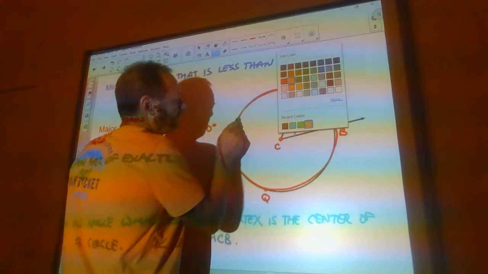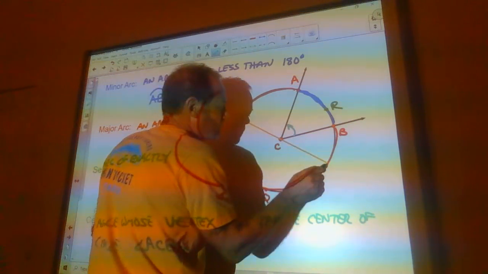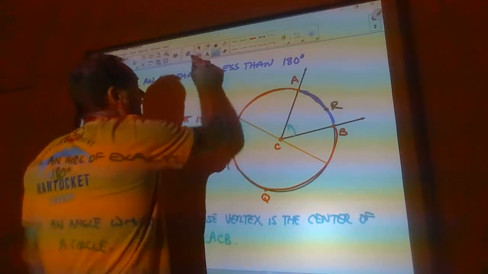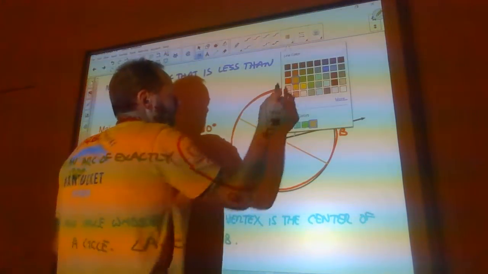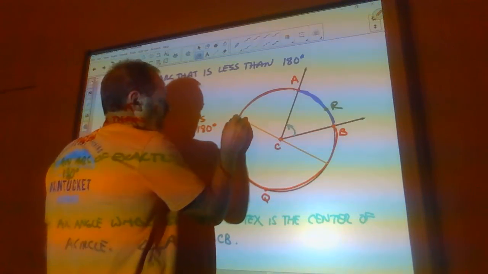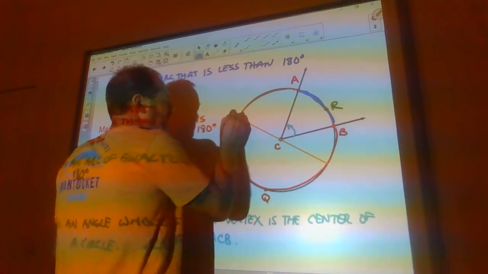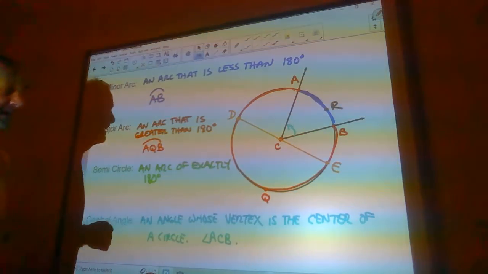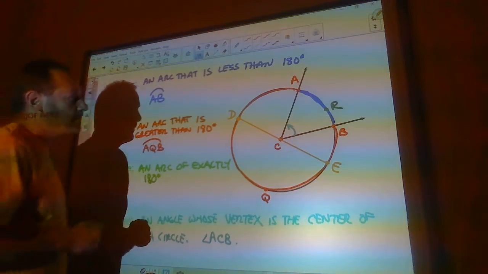Let's do this. Okay, so that's a diameter. It's going to give me a couple more points on here. Let's call this D, and this point E. Okay, this makes two semicircles now.